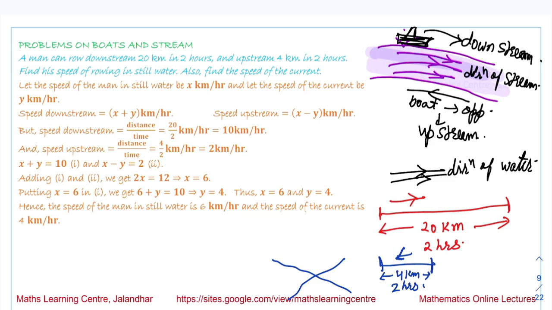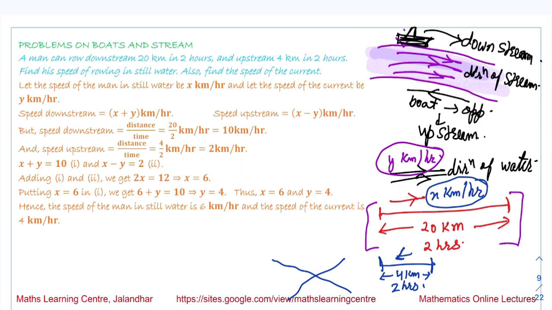So suppose the speed of the man in still water is x kilometers per hour, and the speed of the stream is y kilometers per hour. In the first case, both the water and the man are in the same direction.